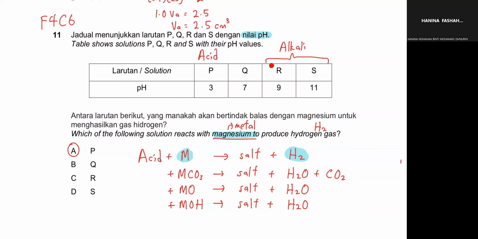Then alkaline actually can react with three things. Can react with metal ion, react with ammonium salt, and also I show you.